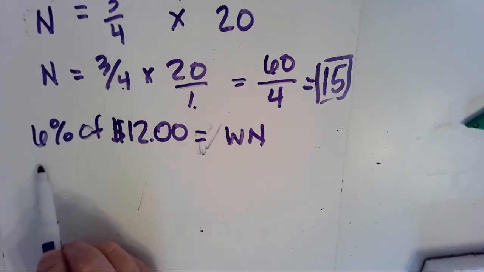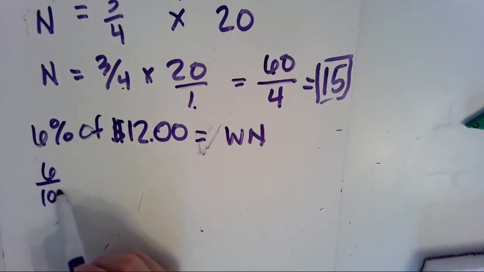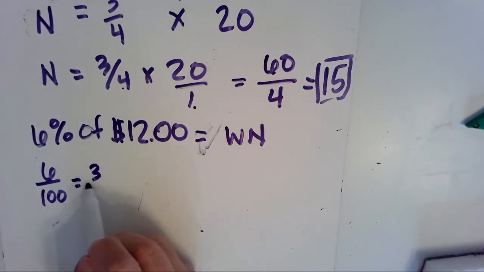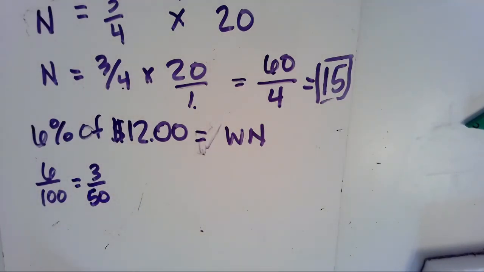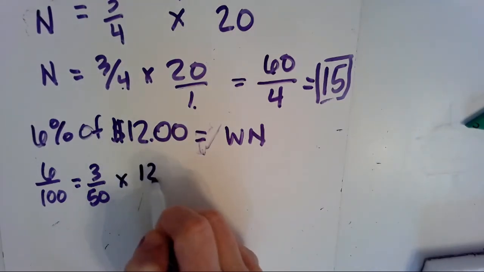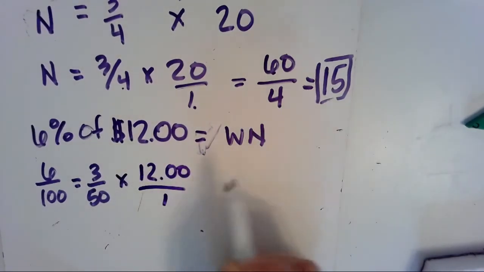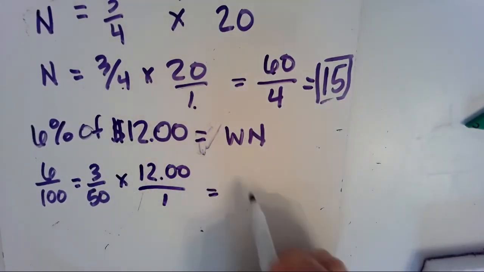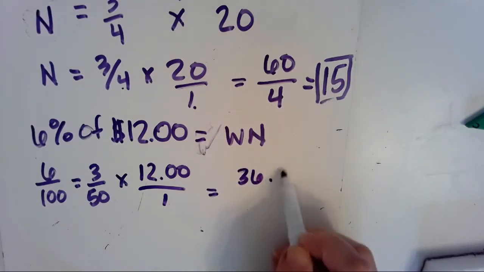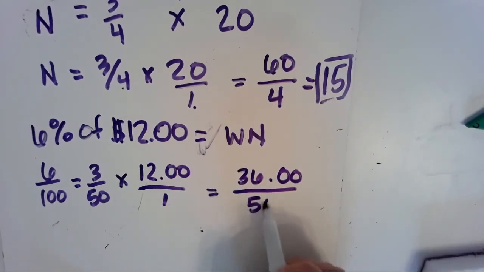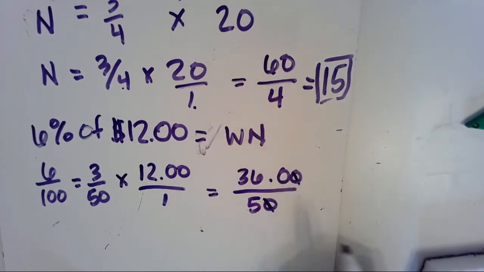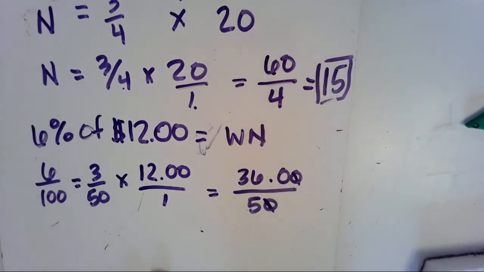So if we took 6%, which is the same as 6/100ths, we put that in a fraction. 2 goes into 6 3 times. 2 goes into 100 50 times. Times $12. I'm going to put that over 1. 12 times 3 is 36, divided by 50. 360 divided by, I'll put the decimal point in the right spot here in a minute.